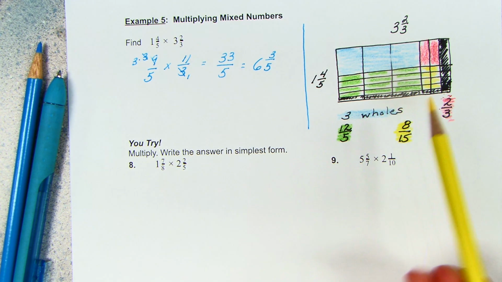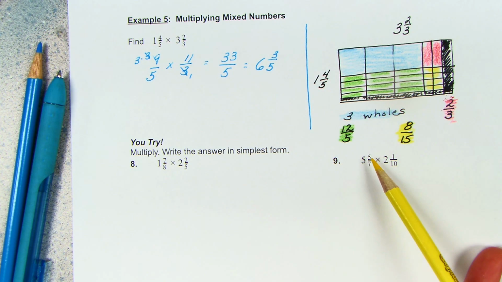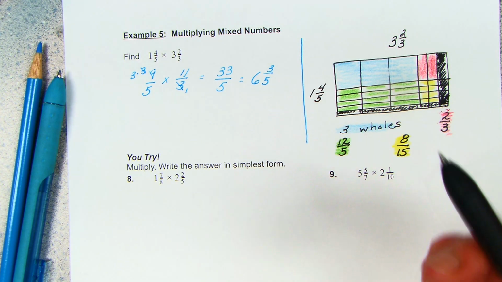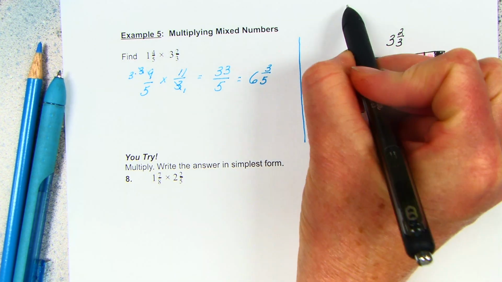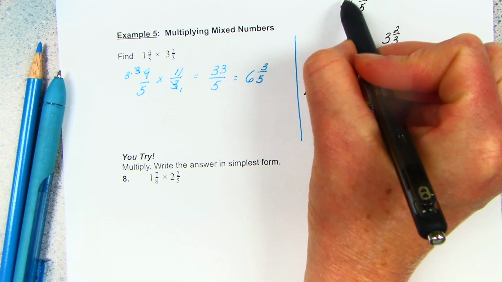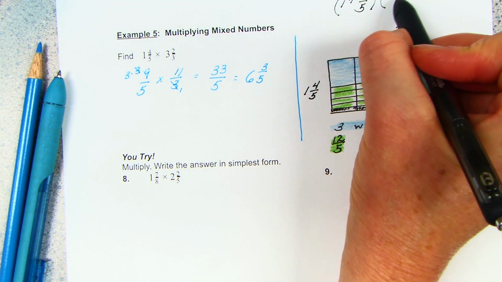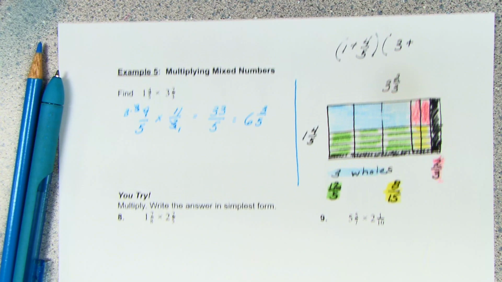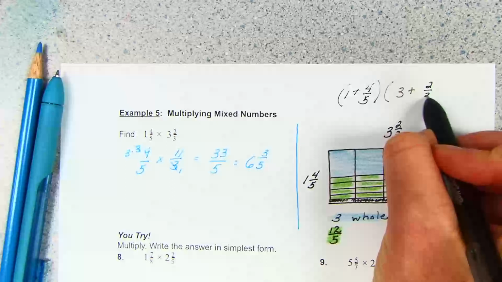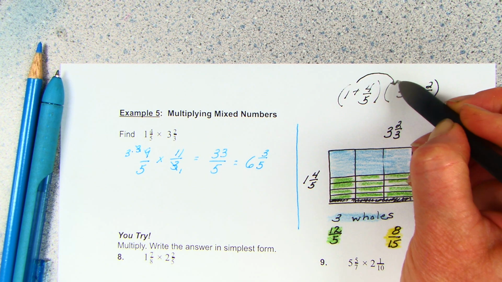Okay, so when I divide it up into a rectangle, I have 4 different sized pieces that are generated by multiplying. If I have 1 plus 4 fifths times 3 plus 2 thirds, I do 1 times 3.